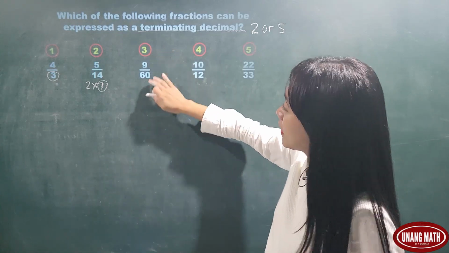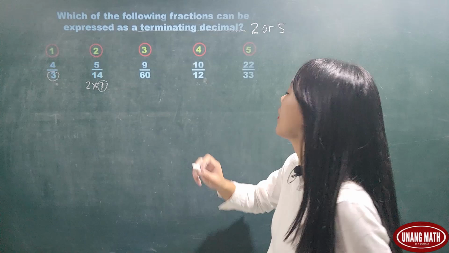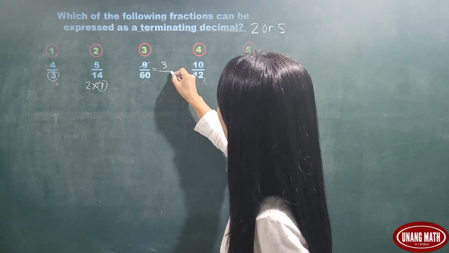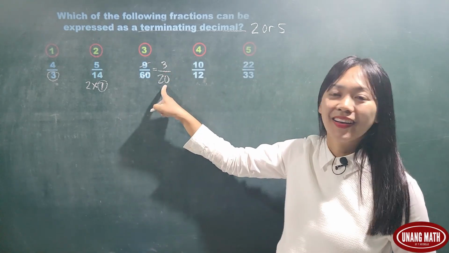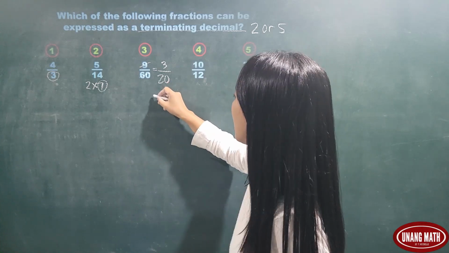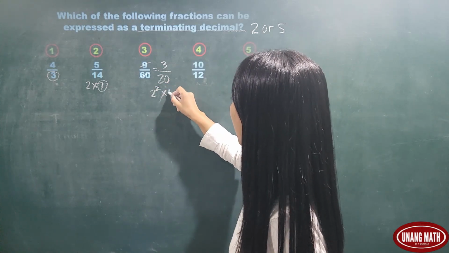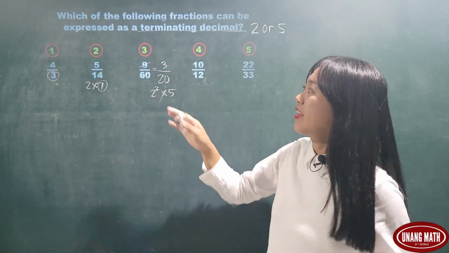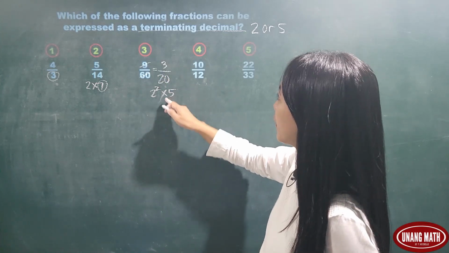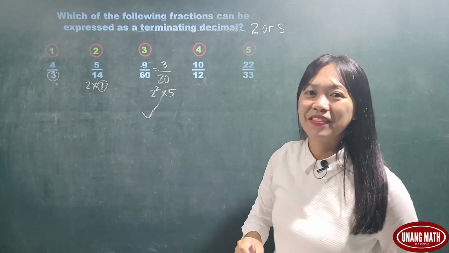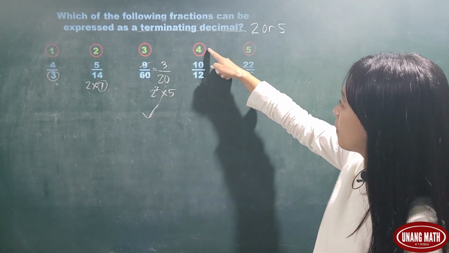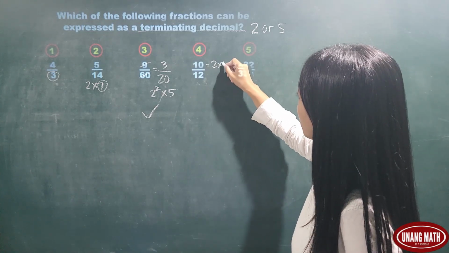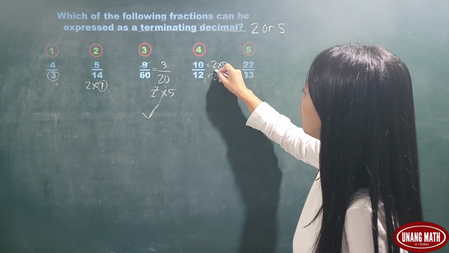For number 3, 9 over 60. If we simplify this one, this is equal to 3 over 20. Check the denominator. 20 is 2 squared times 5. The prime factors are 2 and 5. So this fraction can be converted to a terminating decimal. So number 3 is correct. What about number 4? 10 over 12. 10 is 2 times 5, and 12 is 2 squared times 3.